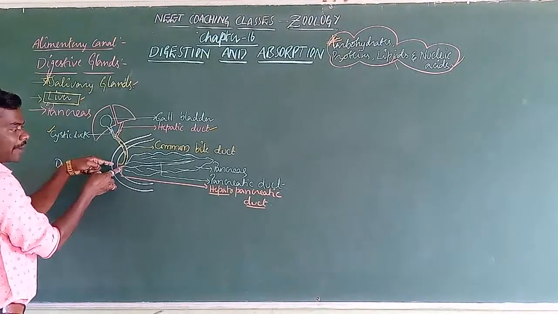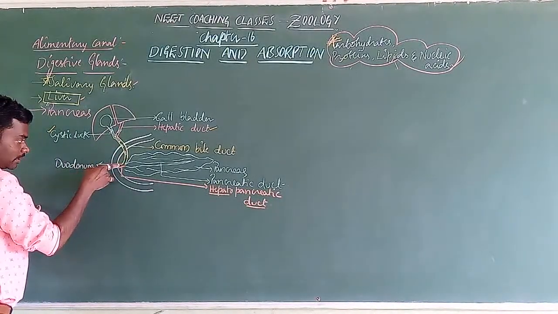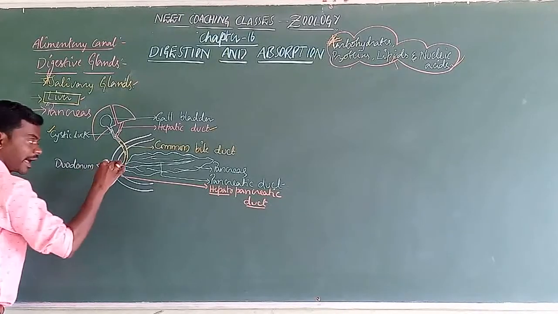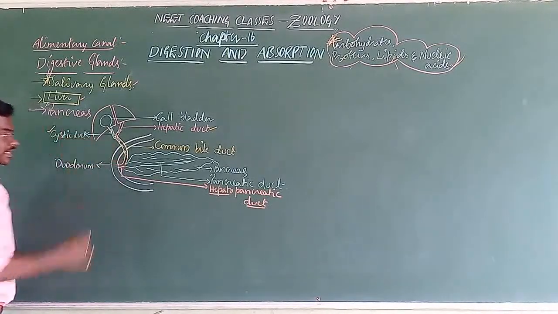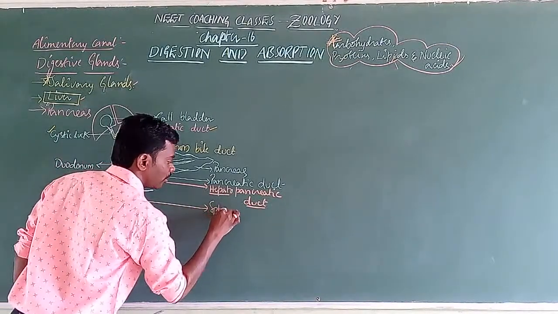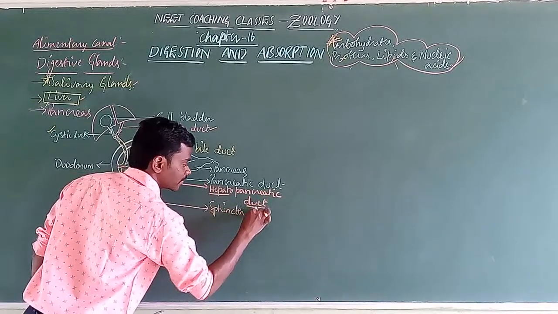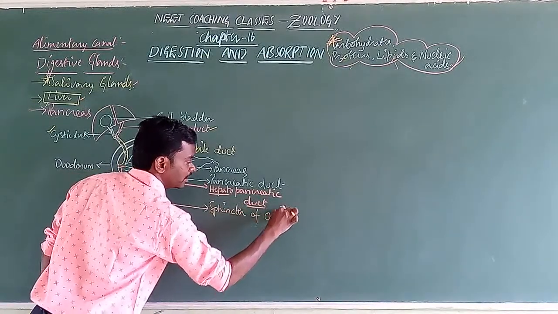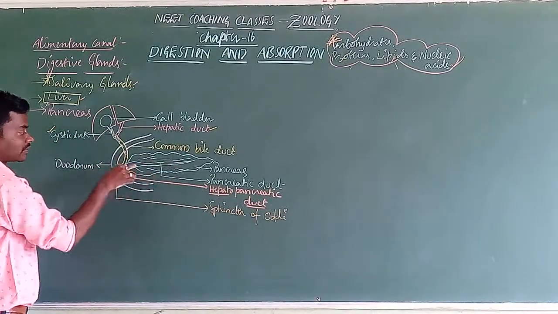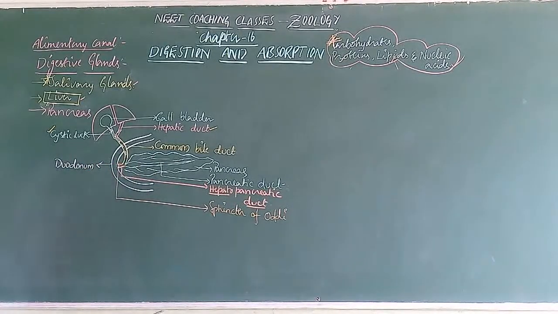The hepatopancreatic duct opens into the first region of the small intestine, the duodenum. This opening is guarded by a sphincter called the sphincter of Oddi, which regulates the entry of the bile juice as well as the pancreatic juice into the small intestine.